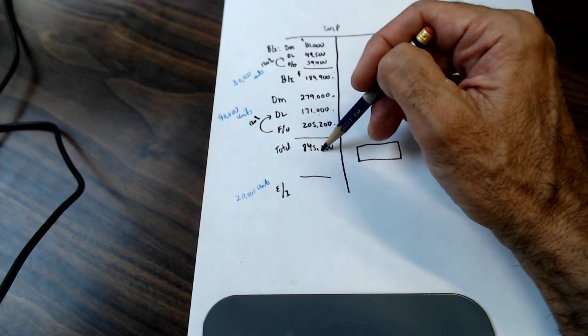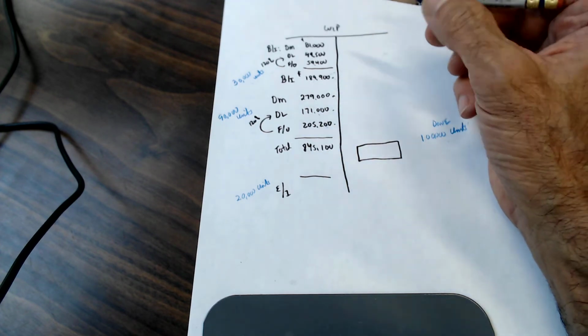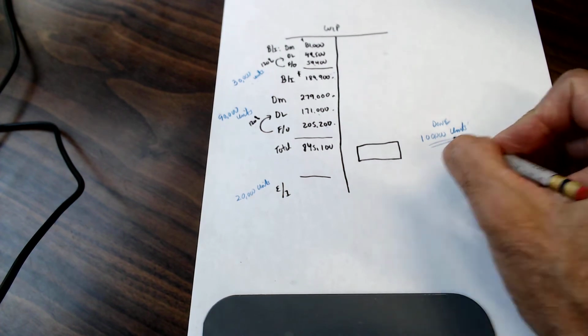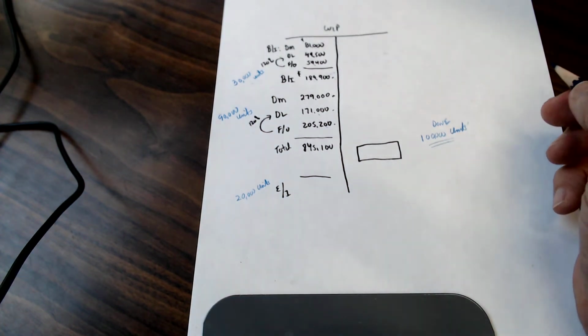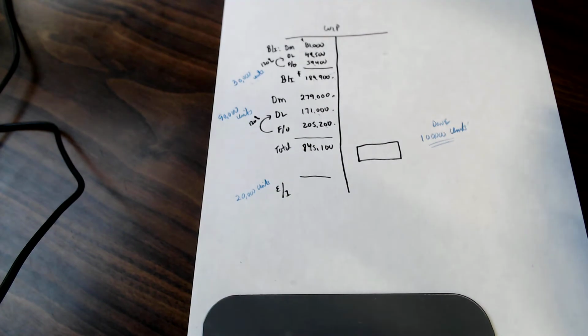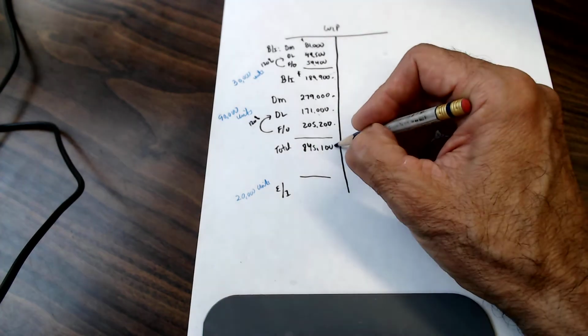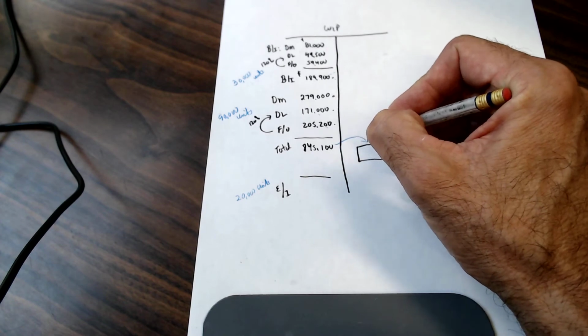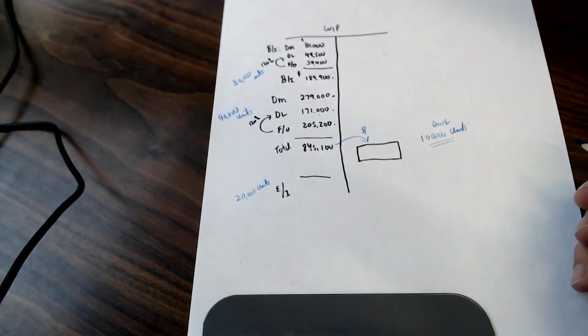So I've got total cost here of 845,100. I know I finished 100,000 units, and I still have 20,000 units here partially complete. Well, I need to figure out, what did these units cost?